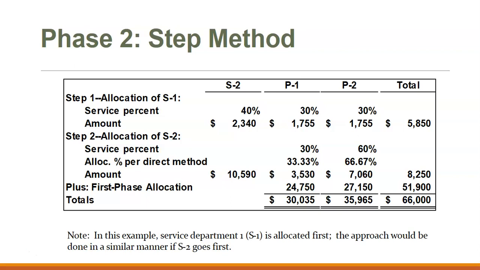So you can see here that in step one, first, we allocate all of service department one before we allocate service department two. You can reverse that. It doesn't matter which department goes first. It's just that one department is fully allocated to the other departments, and then the next service department is fully allocated to all of the other departments.